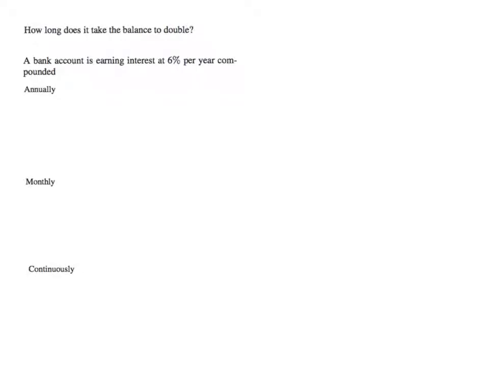How long does it take the balance to double? So if we had a bank account that earns 6% per year compounded annually, all right, we want to use the formula B equals P times (1 plus R) raised to the T. So if our money is going to double, let's assume that we invested an initial amount, a present value of $1,000, then it would be double that when it reaches a future value of $2,000.